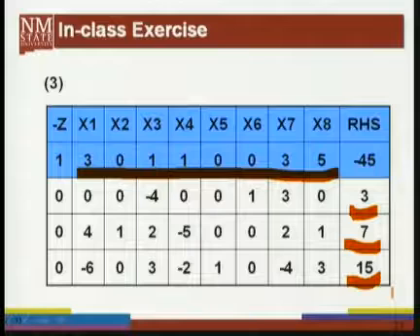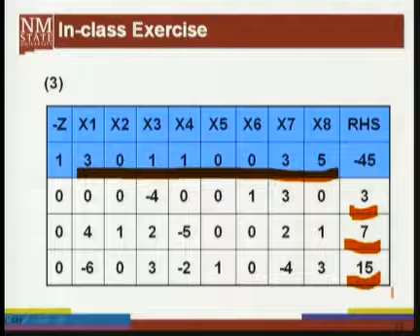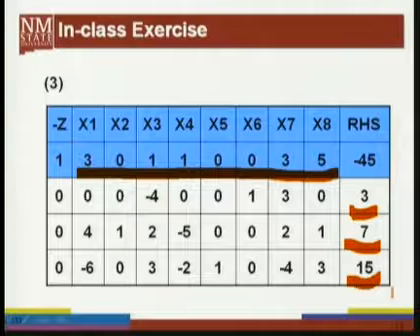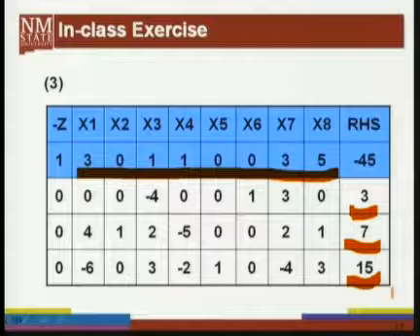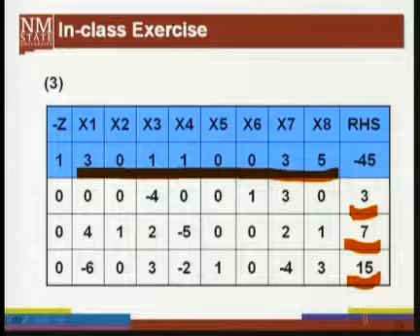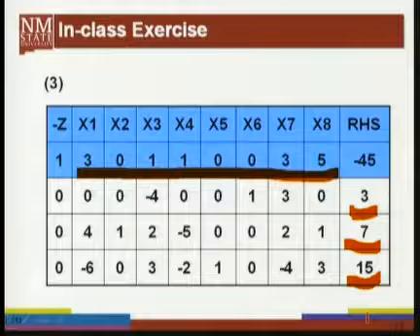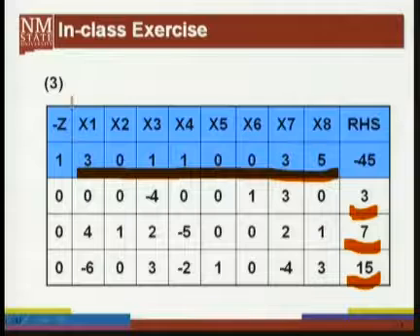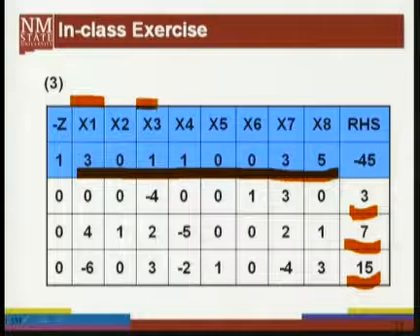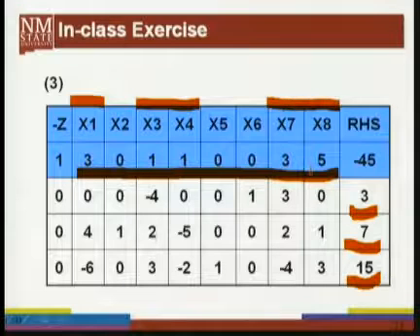Then you need to decide if it's a unique optimum or a multiple optimum. How do you know if it's a multiple optimum? If the reduced cost of any non-basic variable is 0, then we may say that we have an alternate optimum, right? In this table, which variables are non-basic? x1, x3, x4, x7, and x8, right?